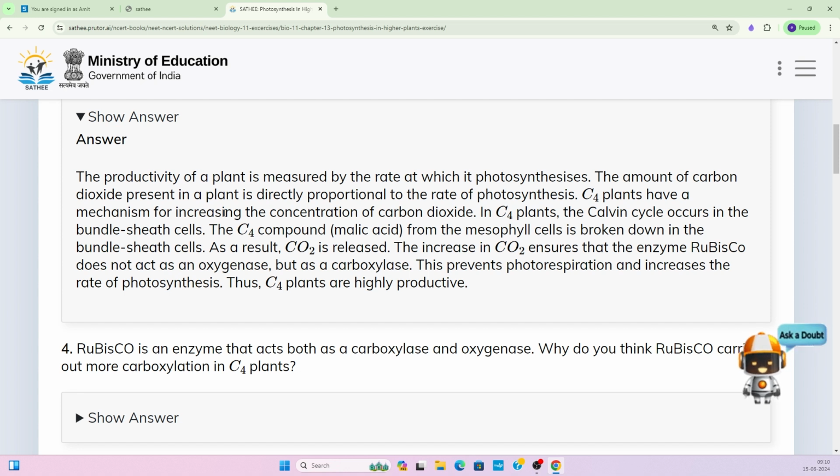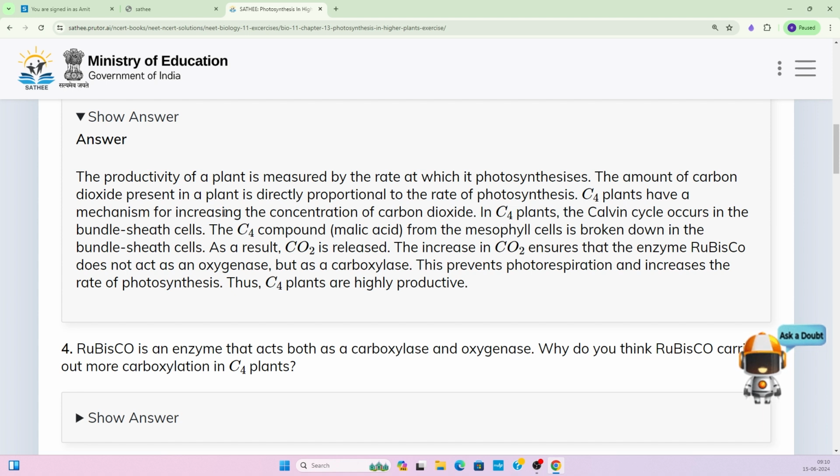Now in the same way, a C4 plant has a mechanism for increasing the concentration of carbon dioxide, and therefore it increases the rate of photosynthesis.